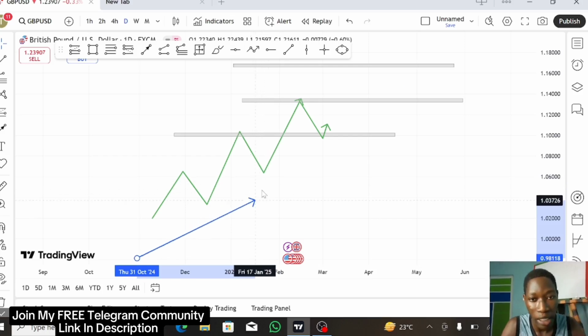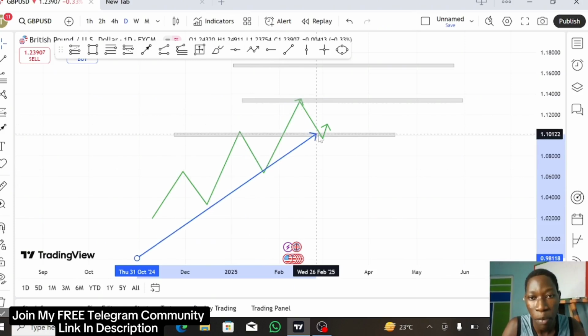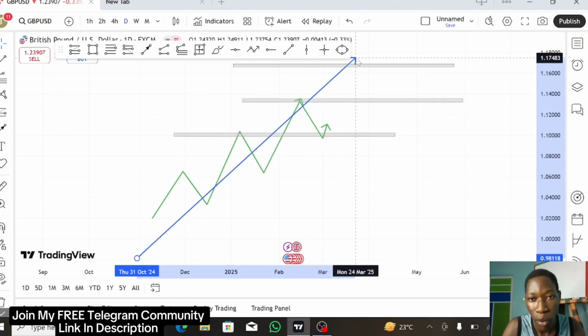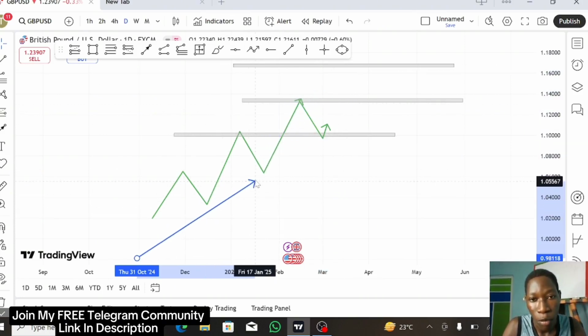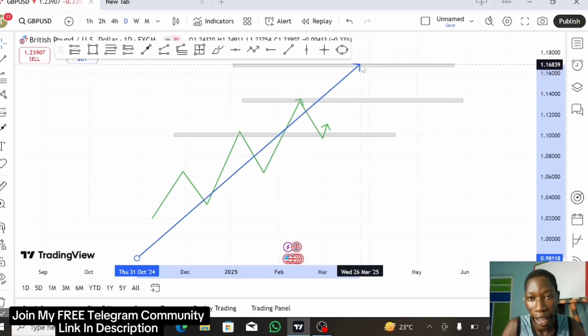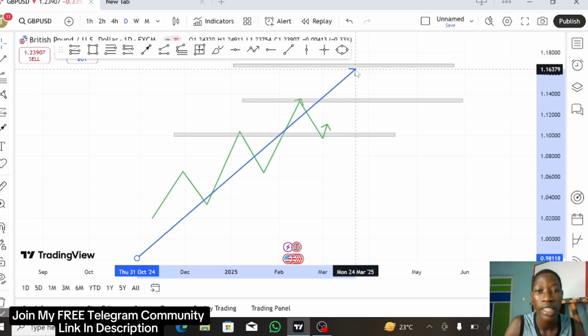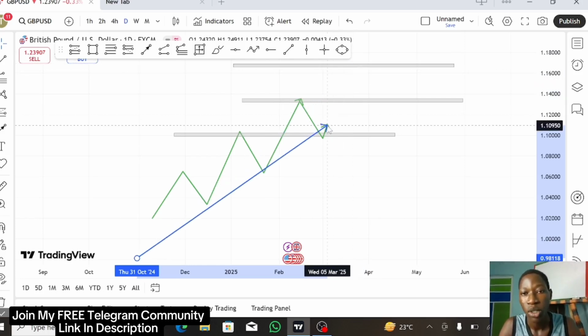From here to here, it's the same pip measurement from here to this point. Do you understand? From this low to this high, it will be the same. Most times, the same pip measurement from this low to the high. So you want to exit at this point, without leaving any pips on the table, right?